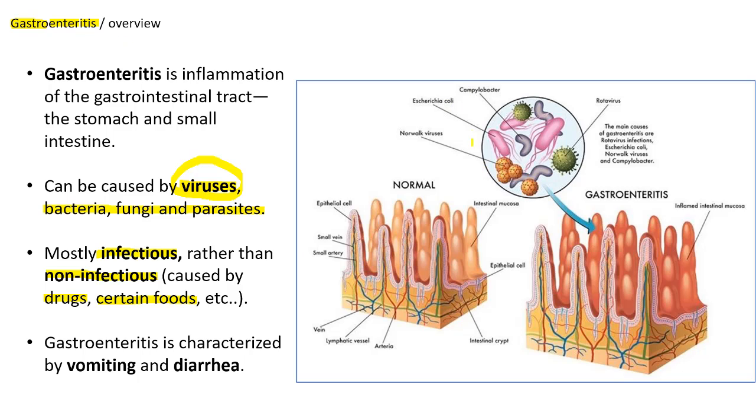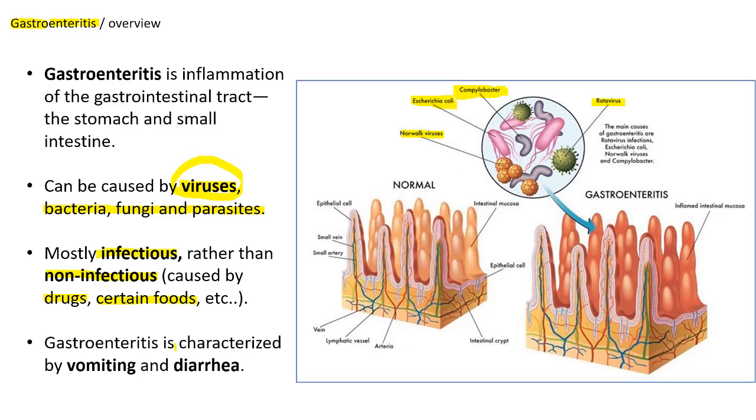So we can see here some of the more famous pathogens that cause gastroenteritis. Campylobacter is thought to be the most common bacteria to cause gastroenteritis, followed by E. coli. While in the case of viruses, we have Norwalk viruses and rotaviruses, which we will come to in detail during this lecture.